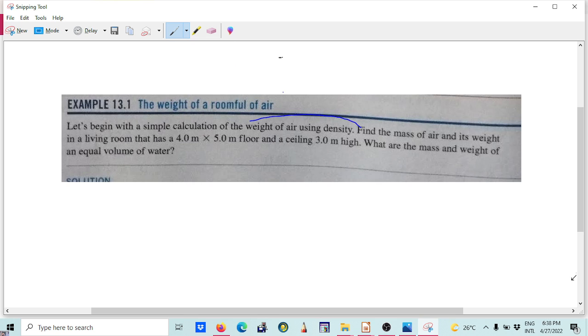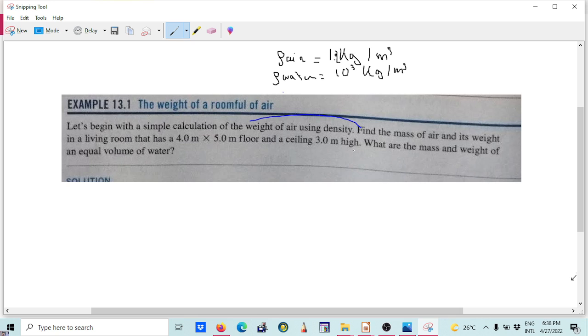Weight of air. So the density of air we've seen is about 1 kilogram per cubic meter. It's a little bit more, but I'm going to say, okay, it's 1.2 actually. And the density of water is 10 to the third kilogram per cubic meter. So it's 1 ton.